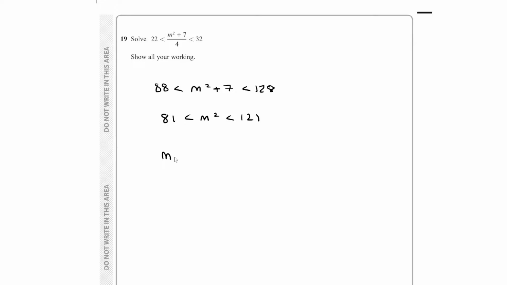So for now I would just take it separately. You've already had a question on this, so I don't think it'd come up again, but I would just put an equals there for now, because with quadratic inequalities I normally solve it first, then I put the inequalities back afterwards. So m would be not just 9 but plus or minus 9, or the other one, 121, m would therefore be not just 11 but plus or minus 11. So we've got 4 answers, not just 2.